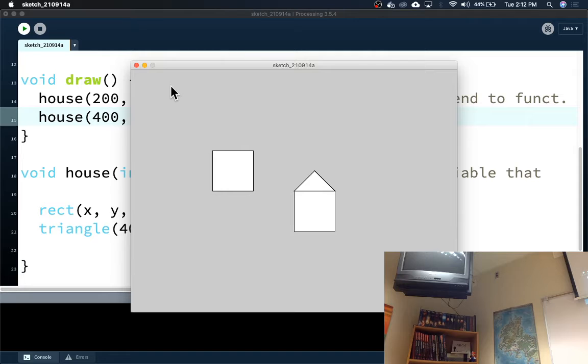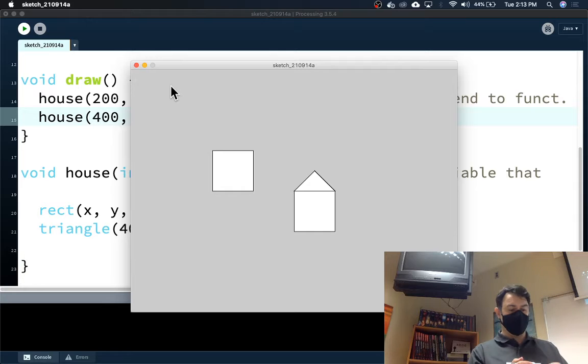And the y coordinate? Just y, you got it, thank you. Nice. How about this one here? Whoa, that was so synchronized. X plus 50, y minus 50, or whatever number you prefer. The 50s and the 100s come from the dimensions of the house.